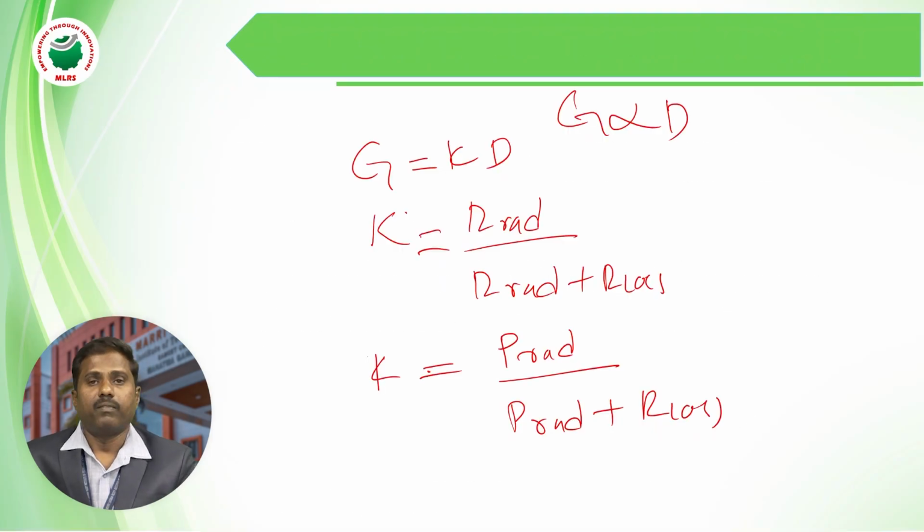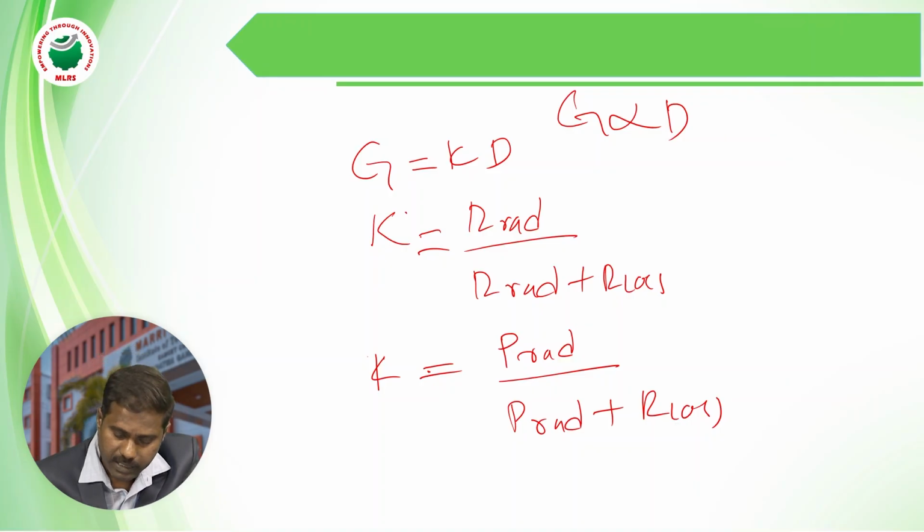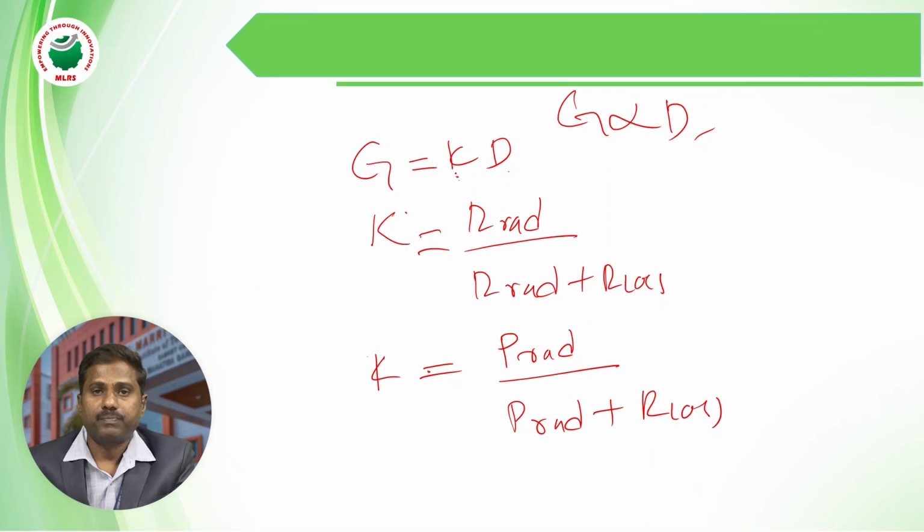The next one, we can compare gain and directivity. Already we discussed directivity. Here G is directly proportional to the directivity D, where G is equal to K into D. Here K is the efficiency of the antenna.